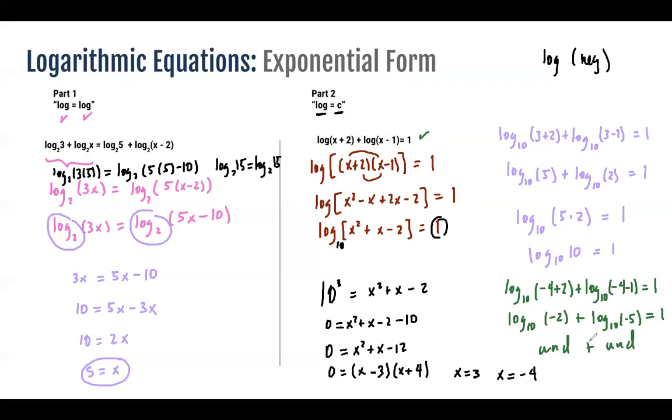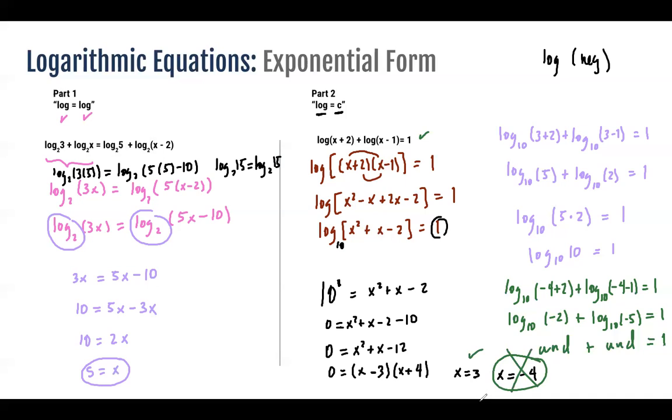If we combine them, we would be missing the fact that we had an undefined value before, because if we combine them, we would have logarithm base 10 of 10, because -2 times -5 is 10, but we cannot combine something that is already undefined. So that's why the -4 won't be a possibility, and the only answer is 3.